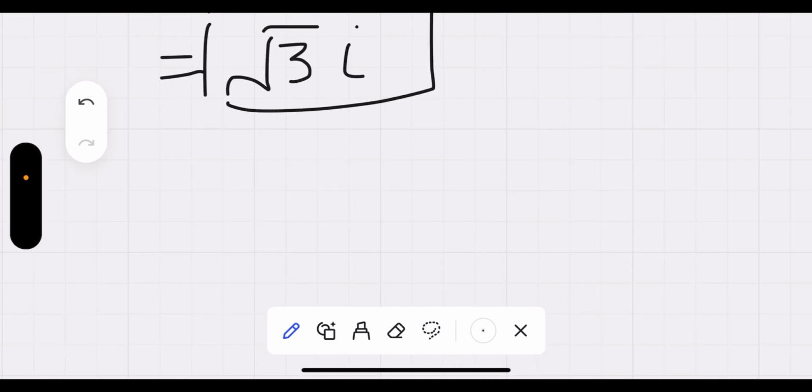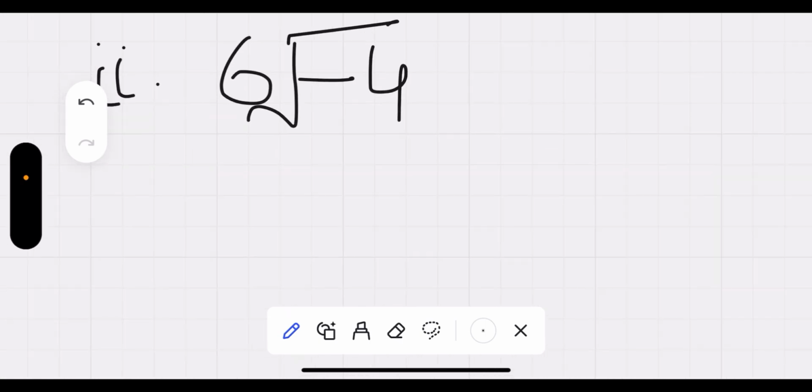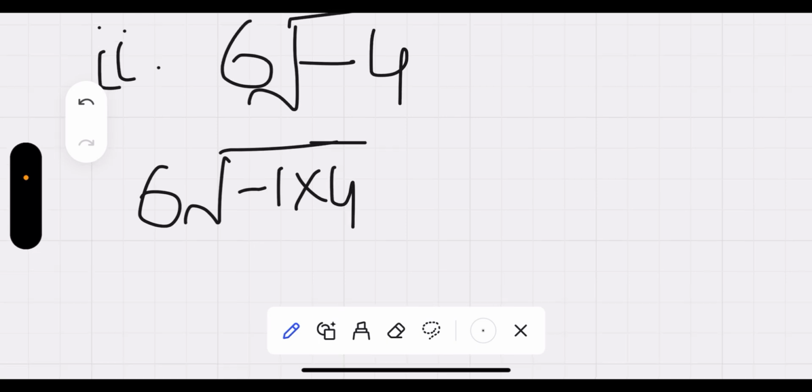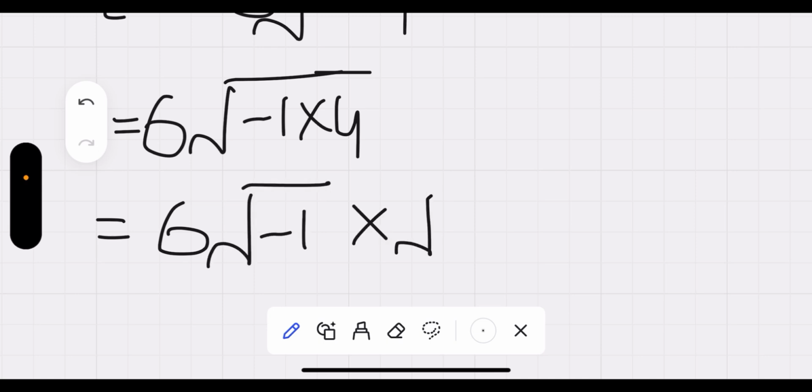Okay, second part is 6 square root of -4. Now we have 6. We can write square root of -1 multiplied by 4, which we can write as square root of -1 multiplied by square root of 4.